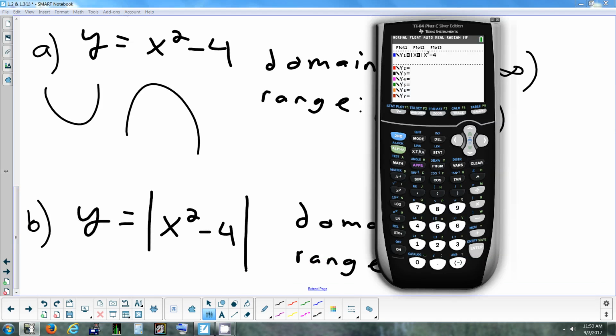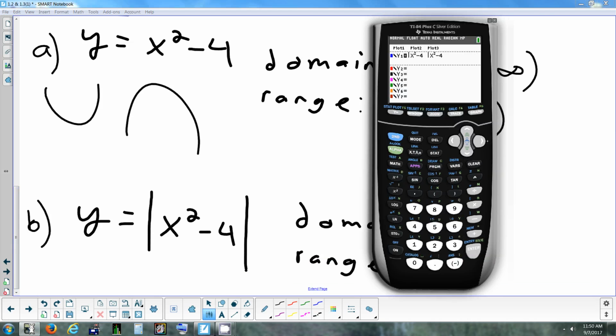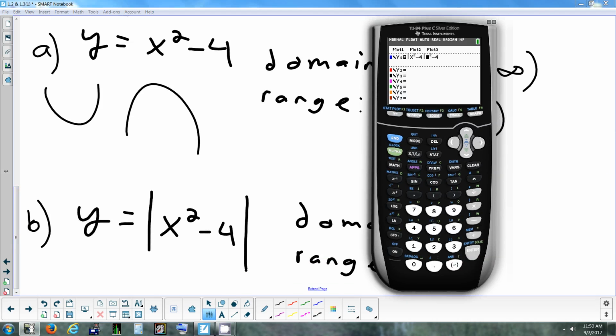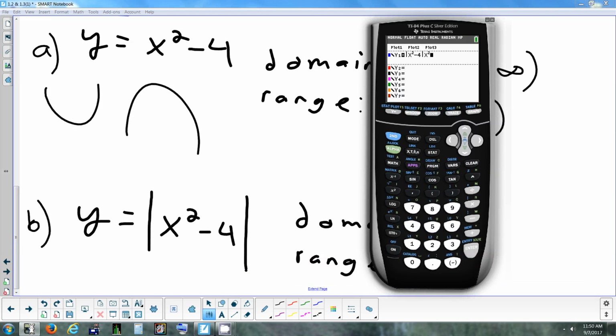So I'm going to type in x squared minus 4. I was hoping to be able to use what I already had. You don't even need to do insert because it didn't work the way I thought it was going to. So you could just clear what you have and type it all over again. Don't even bother with insert.